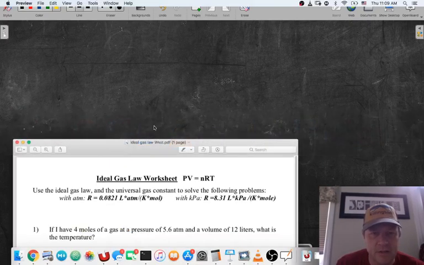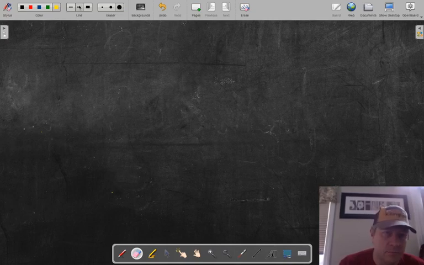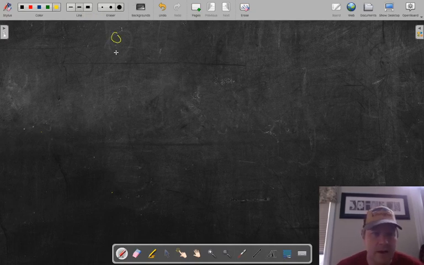Let's first take a look at the idea of gases and what ideal gas laws are. It turns out we depend on gases to live, right? We need air to breathe. Air is made up mostly of oxygen and nitrogen.